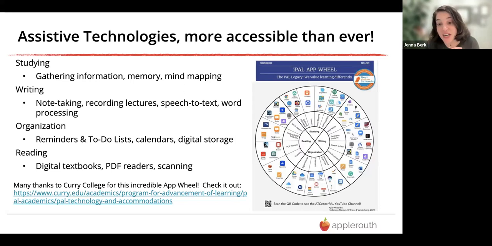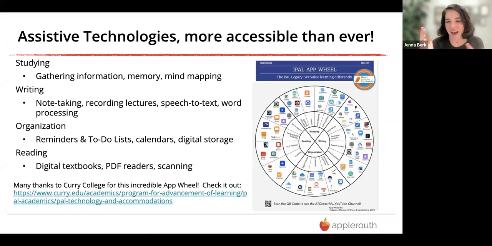So for instance, for studying, you might be interested in generating information versus memory. I need to be able to remember how this works, or mind mapping, whether that's brainstorming or like, how do I start planning this essay that I need to write, or self-regulation, making sure like I'm not gonna get off track, anything like that.